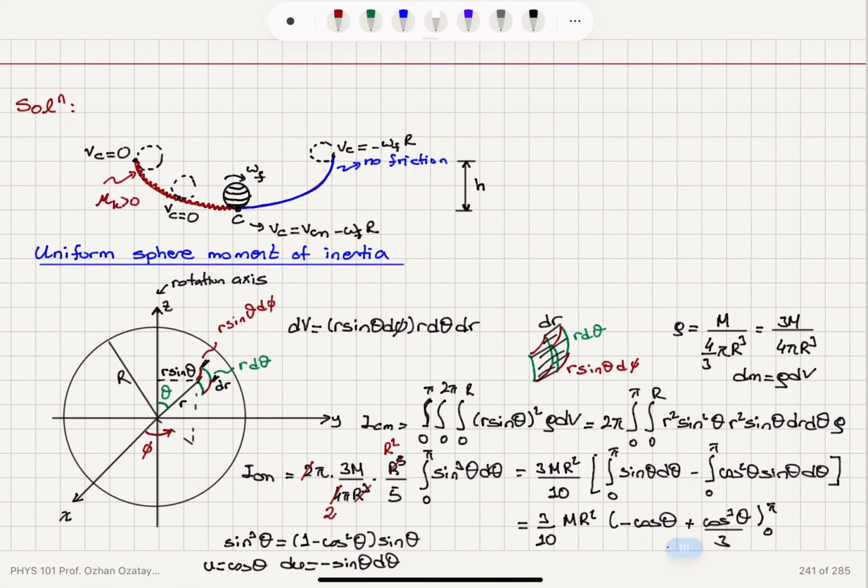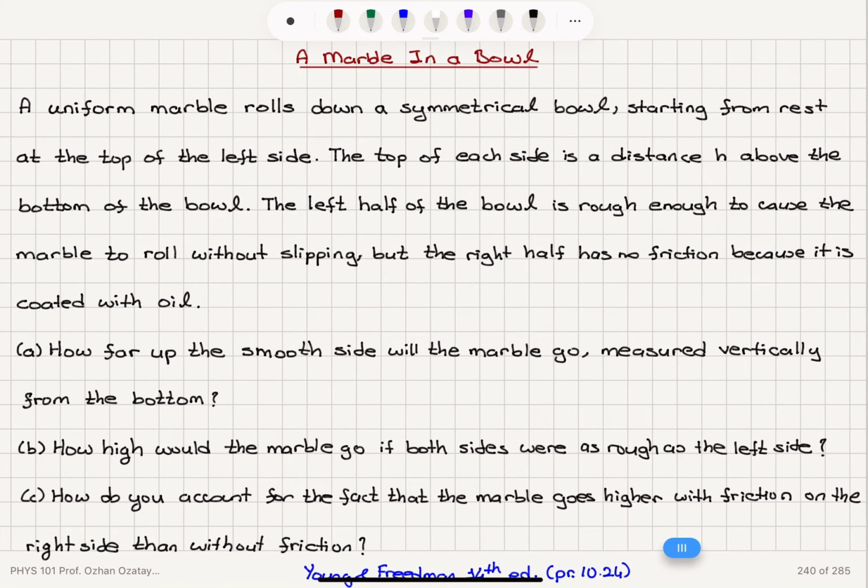Okay, so let's summarize what we have done here. We have a uniform marble. A marble has the shape of a sphere. It rolls down a symmetrical bowl. It starts from rest at the top of the left side, and it falls a distance h, rolling without slipping. The left half of the bowl is rough enough to cause rolling without slipping, but the right side has no friction.